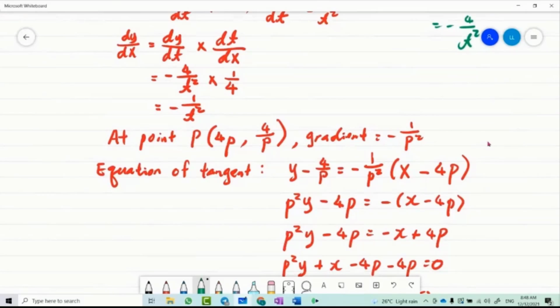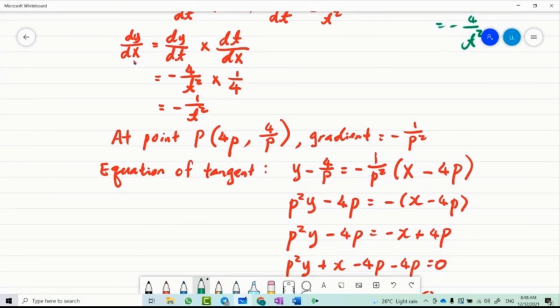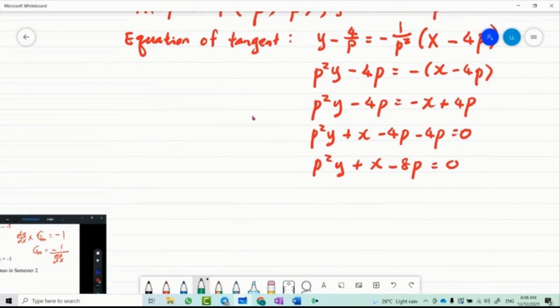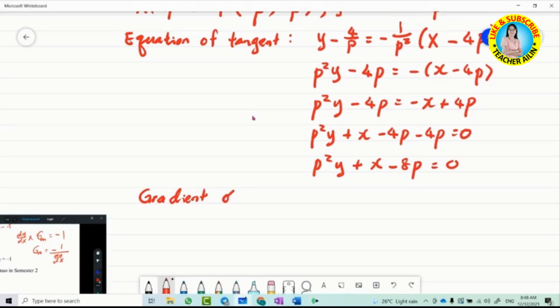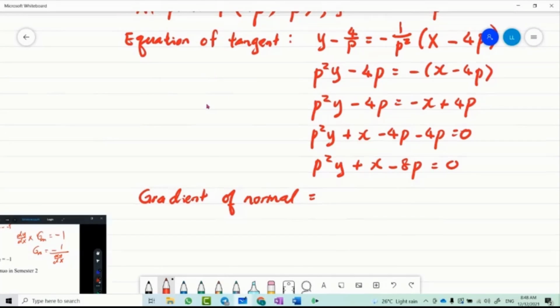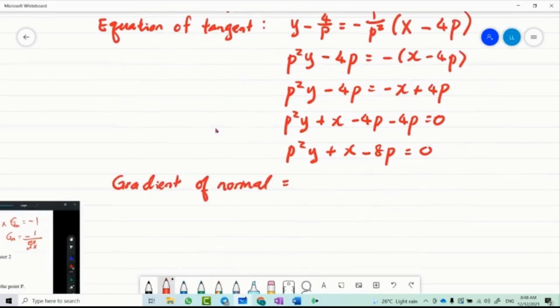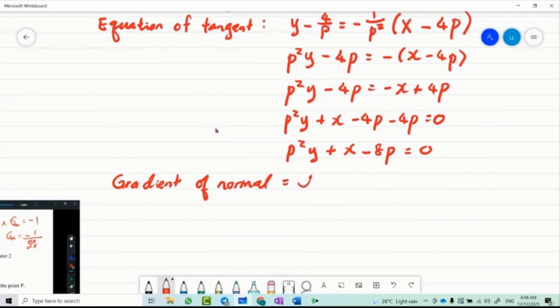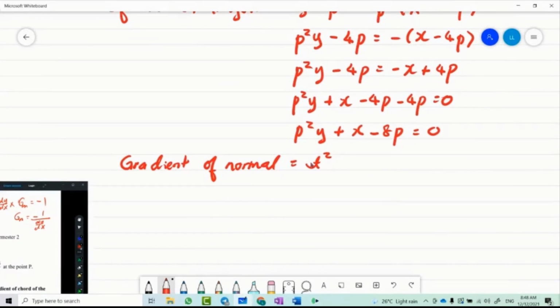Okay, now we go back to here. So since the gradient of tangent adalah ini, so you can directly ambil. Tak payah buat apa-apa. So you say, tapi you kena tulis dengan jelas this is one. Ni apa? Gradient of normal is equal to, terus ambil. It should be positive t kuasa 2. Okay. Then t kuasa 2 adalah general.